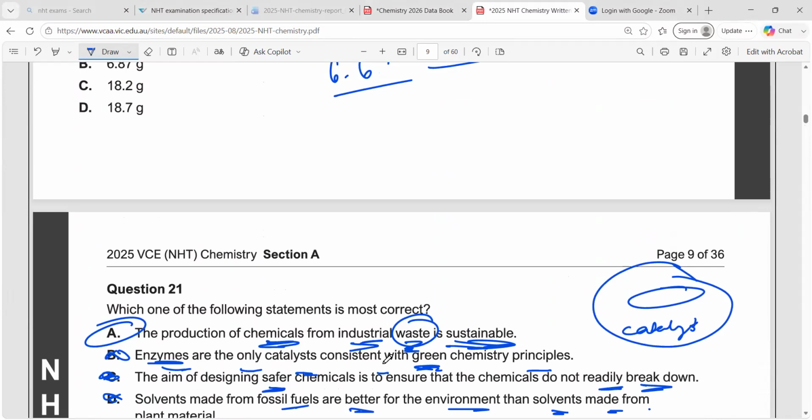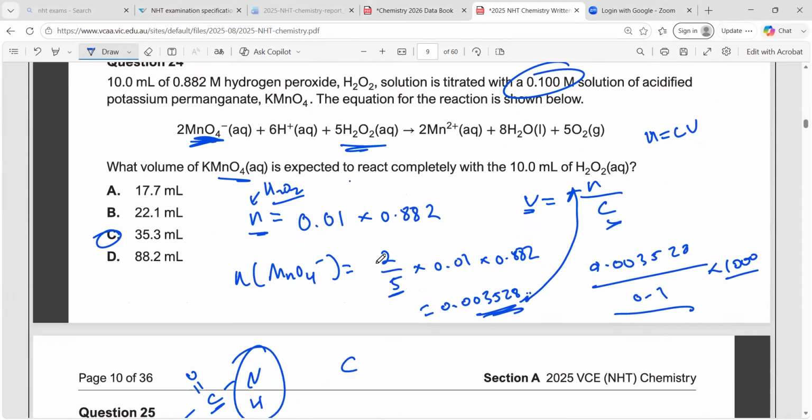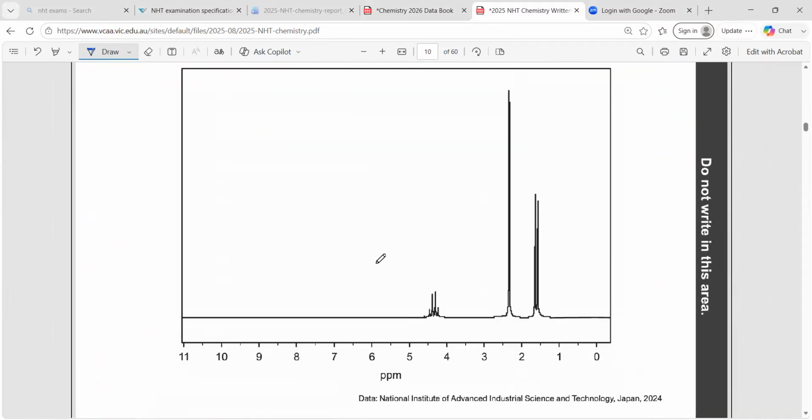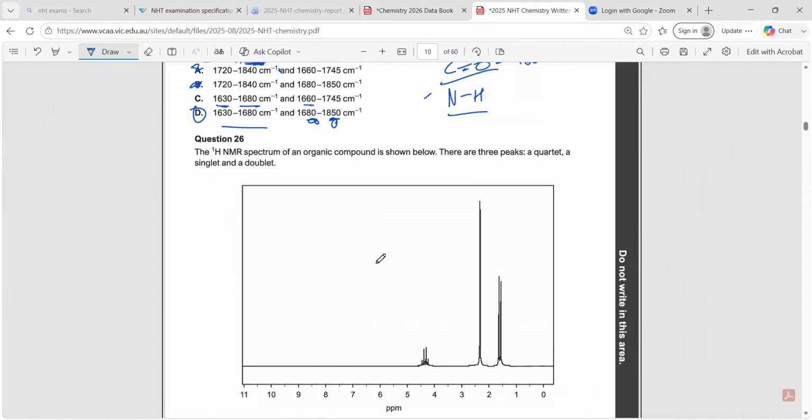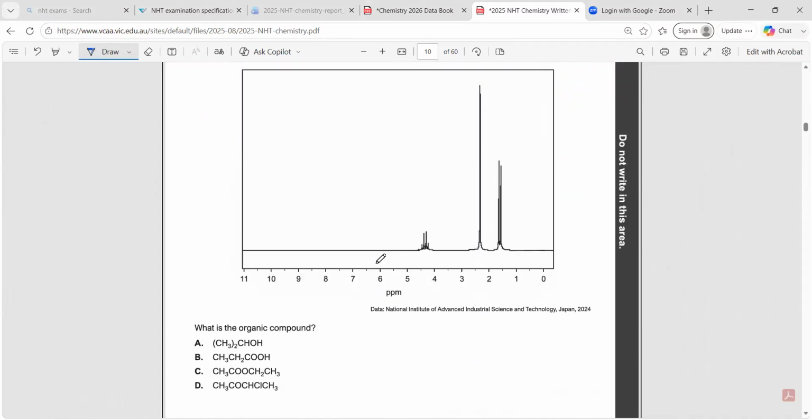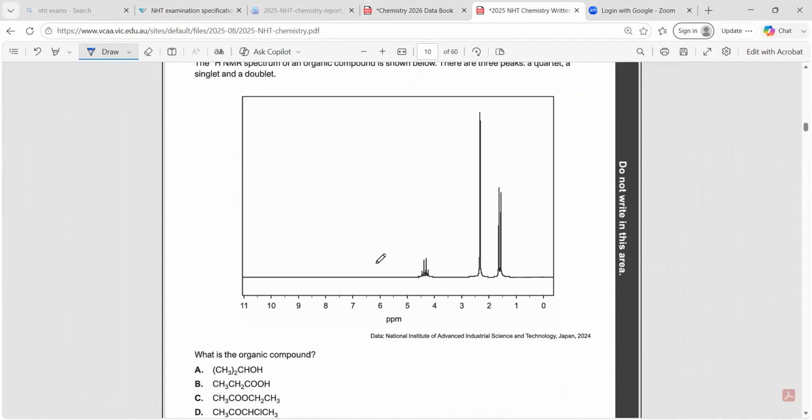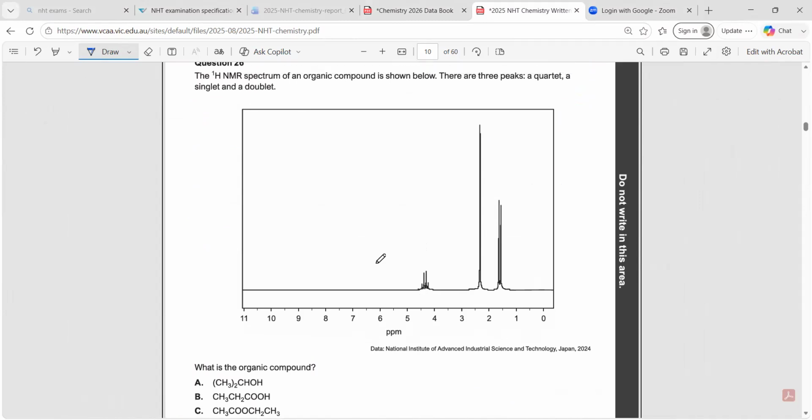Okay, so I take back what I said about this exam being easy. It's not the easiest. So there's three peaks: a quartet, a singlet and a doublet.